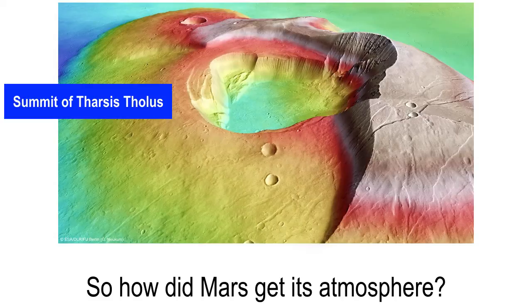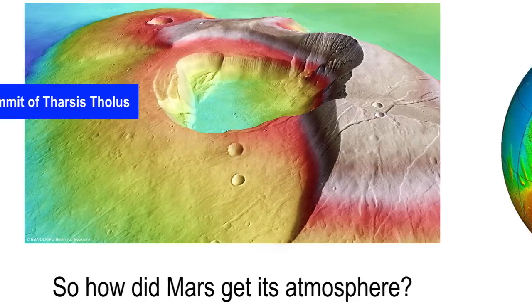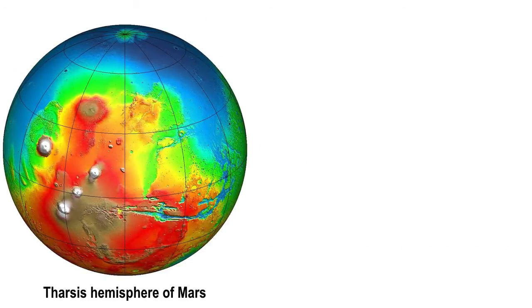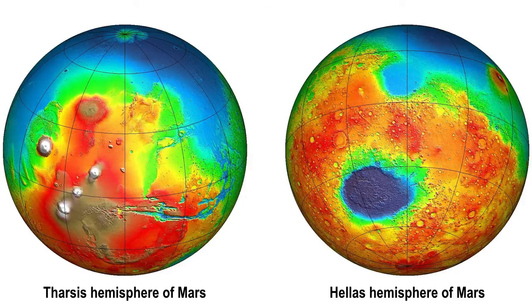This is a false color image, of course. This is called the Tharsis hemisphere, and then the other hemisphere is the Hellas hemisphere. And this is like a little basin.